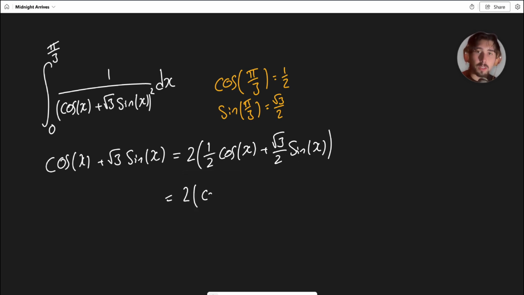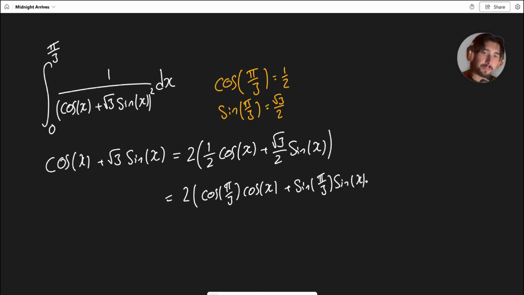So I can rewrite this as cos of pi over 3 times cos x plus sine of pi over 3 times sine x, like that. And now I can notice that this is actually just the compound angle formula, or the addition formula, for cos of pi over 3 minus x.